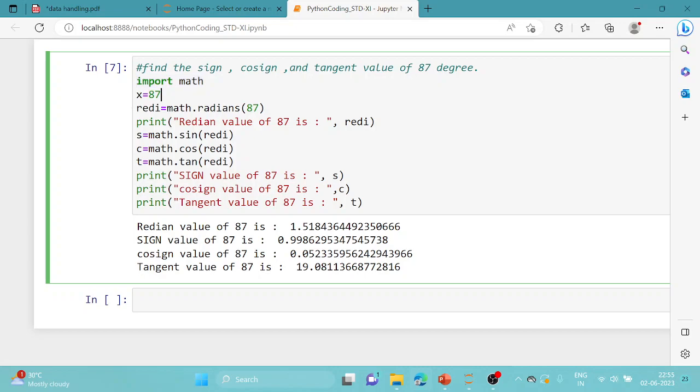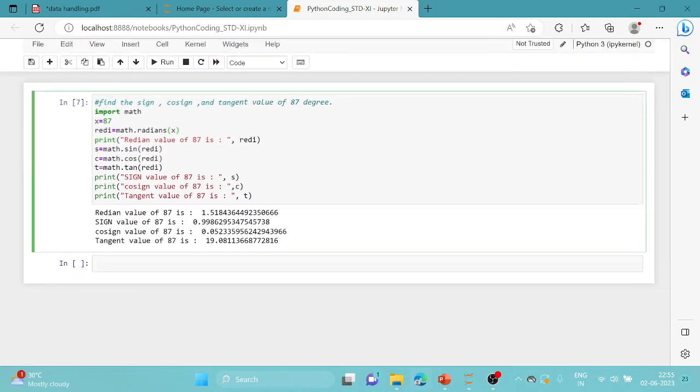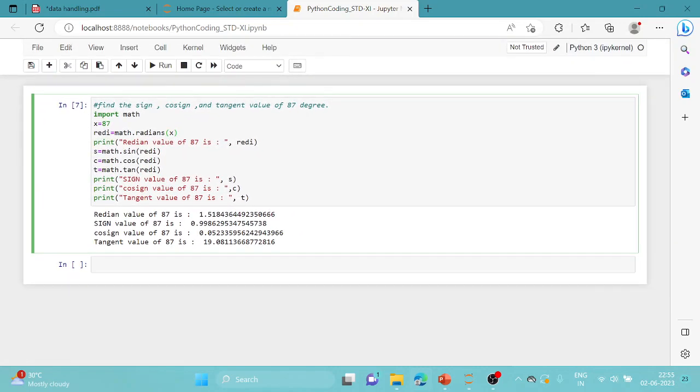You can put it in x or you can put 87 directly over here. I am taking it in a variable. Now I am printing the radian value of 87.